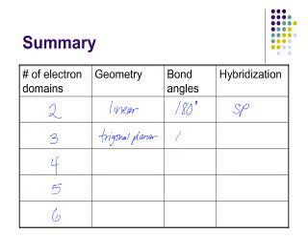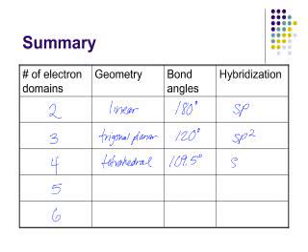My bond angles are 120 degrees, and I have sp2 hybridization. If I have 4 electron domains around my central atom, this is a tetrahedral geometry, where my bond angles are 109.5 degrees, assuming I don't have any distortions due to lone pairs.